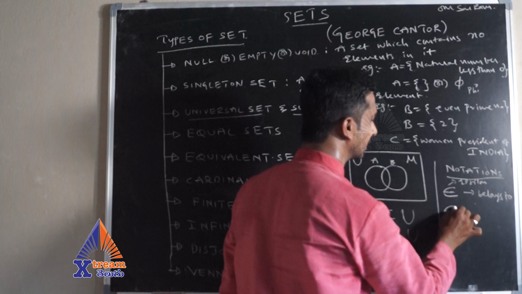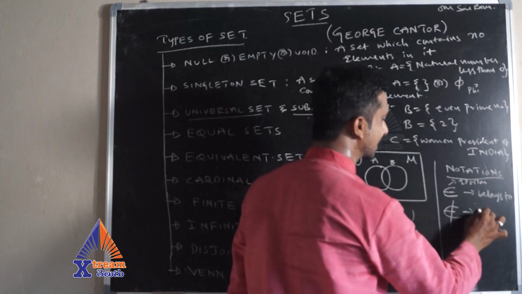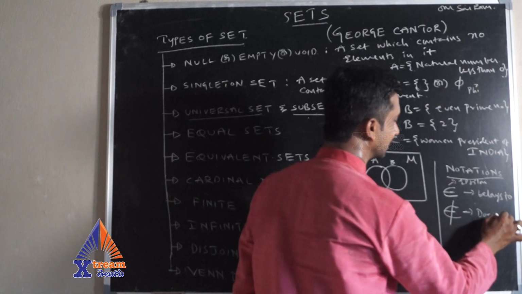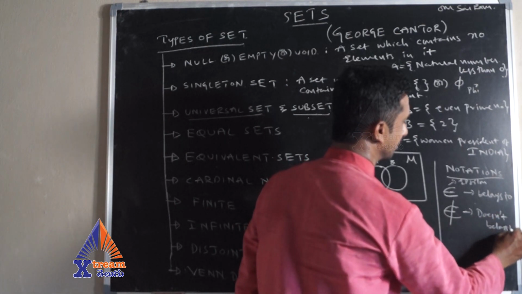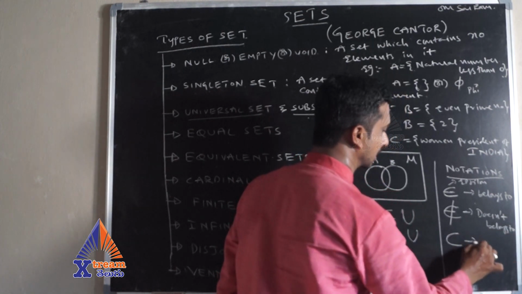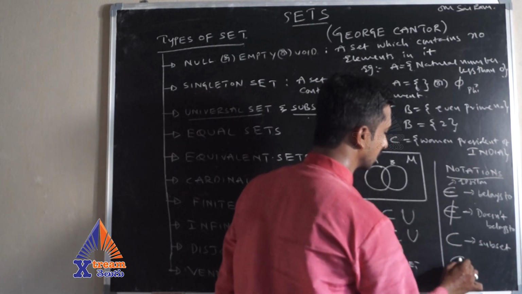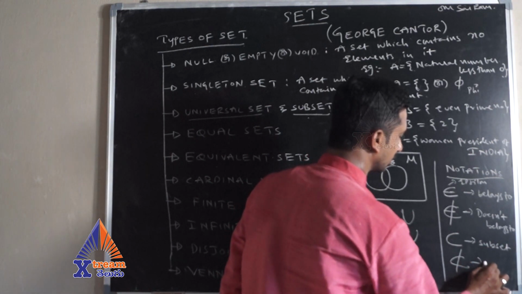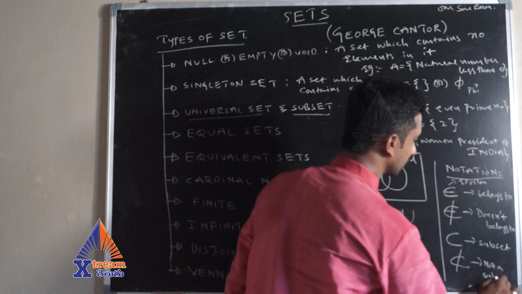If I write belongs to and a slash over it, that is does not belong to. And you have this one, just now I told you, subset. What is the symbol? Subset. And this is not a subset.